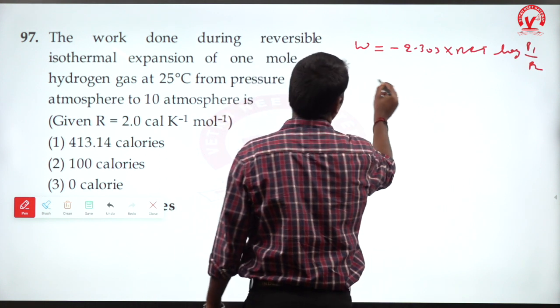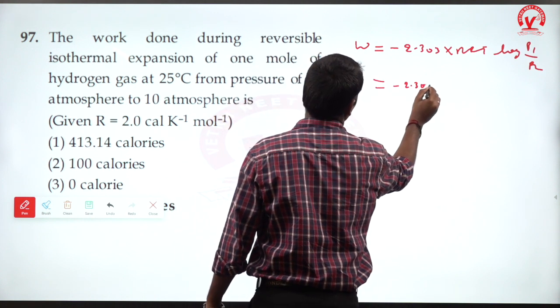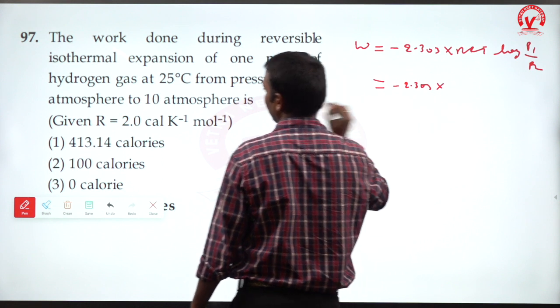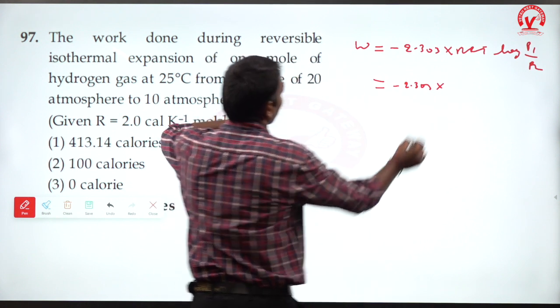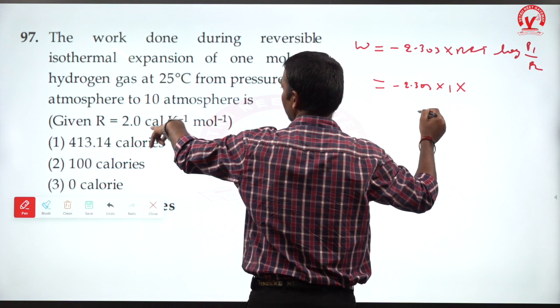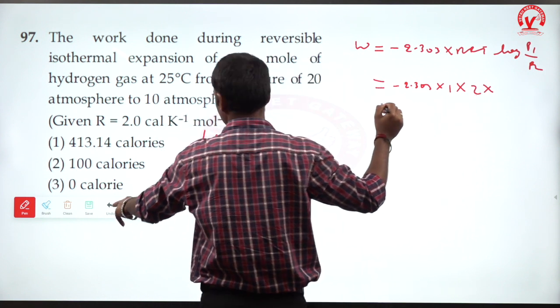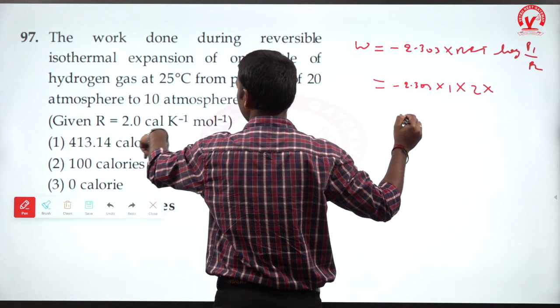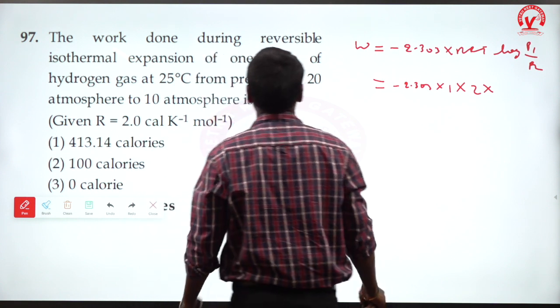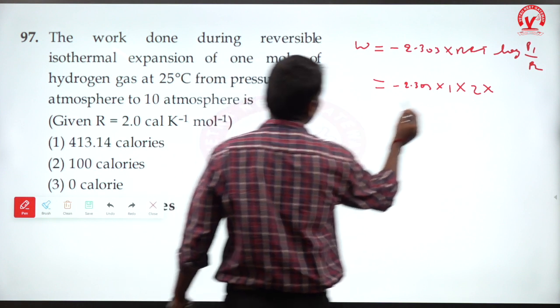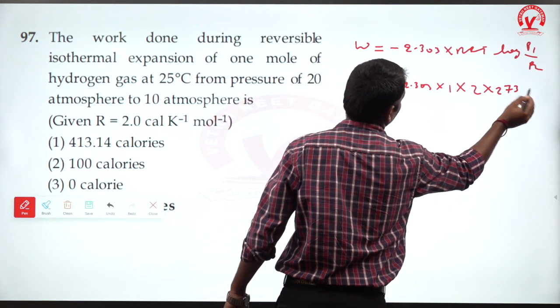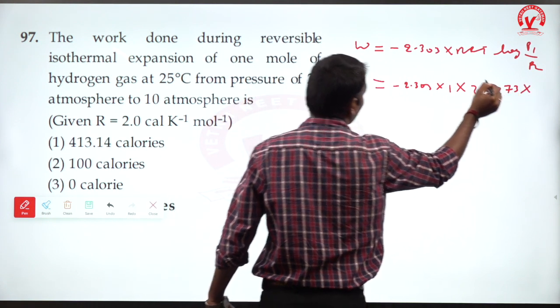So from here we will get minus 2.303. N value they gave is 1 mole, so 1 into R value they gave, 2, temperature they gave here, 25 degrees, that is 273 plus 25, log of P1 divided by P2.